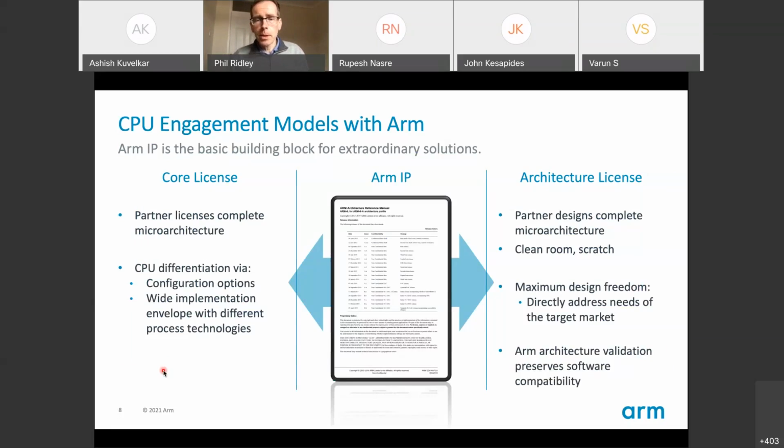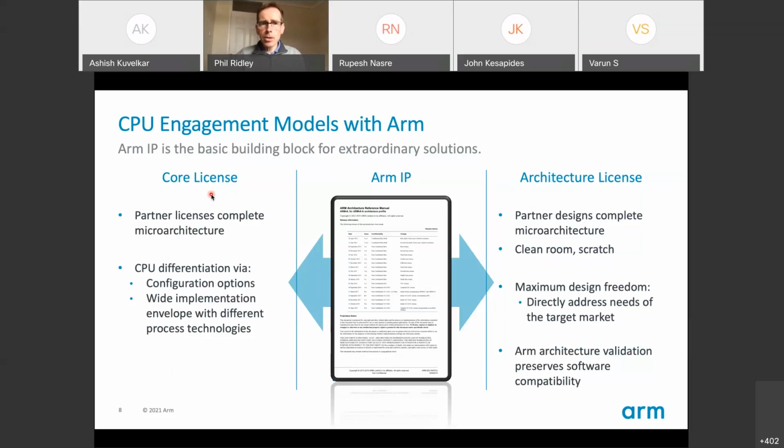So there are basically a couple of well-known licensing models, and they are the core license model and the architectural license model. Now these will become a bit more clear, I think, when you compare them to ARM processors that you already know.